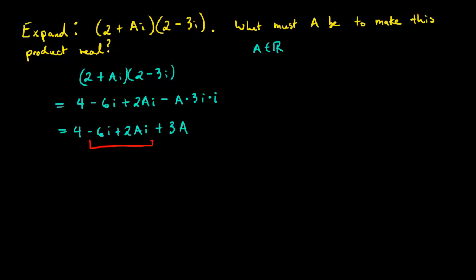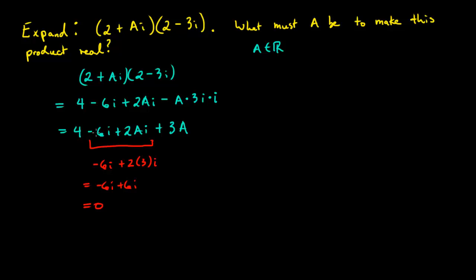Well, notice that if a is positive 3, then for the middle terms I'd have negative 6i plus 2 times 3 times i, which is equal to negative 6i plus 6i, and that would be equal to 0.